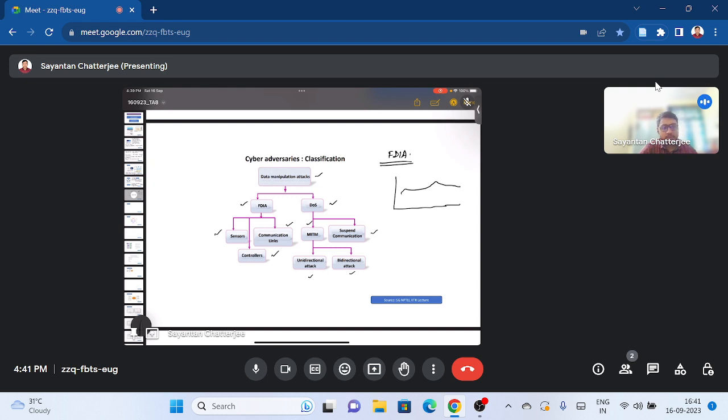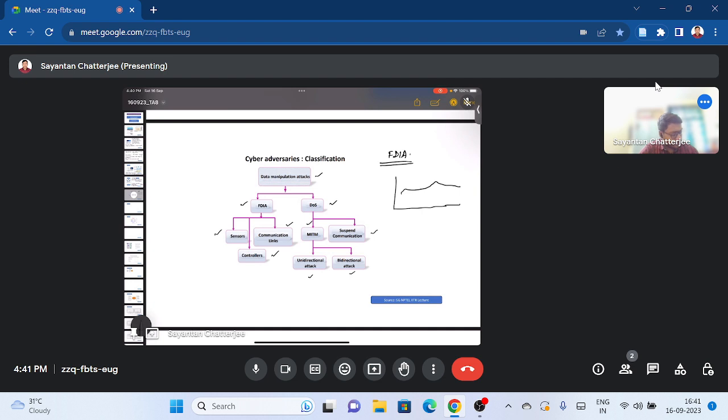Whereas the distribution side is very sparsely monitored, and based on this sparse monitoring, the distribution side measurement meters can be compromised. Mainly this can be done through false data injection attacks.